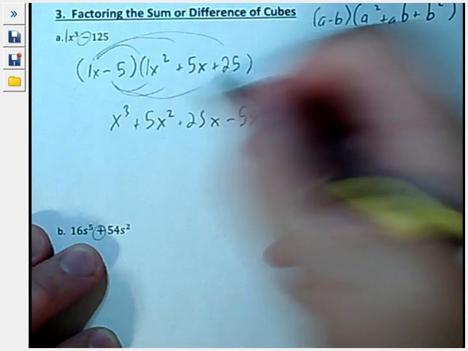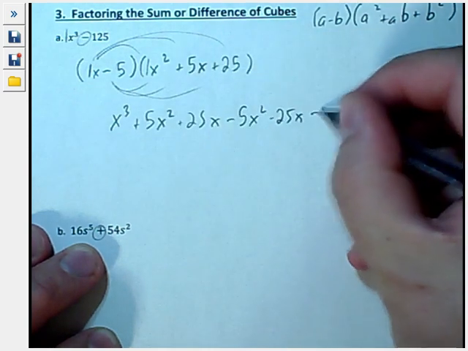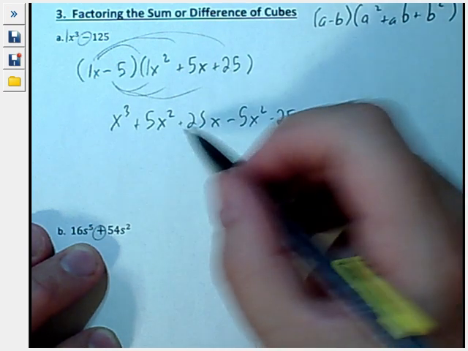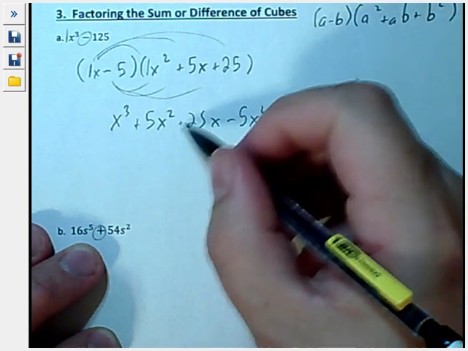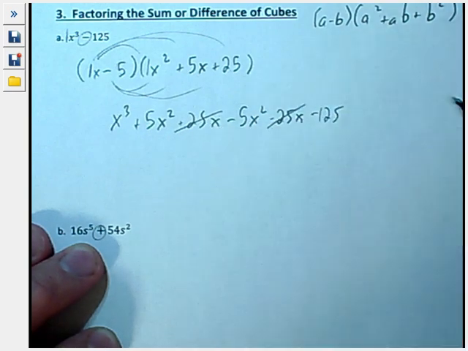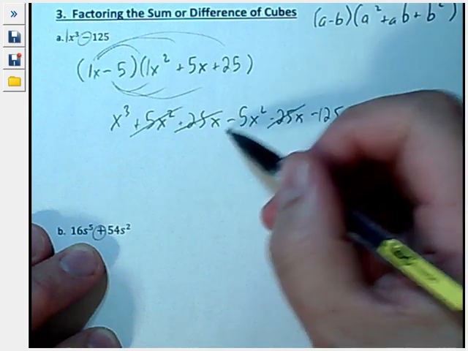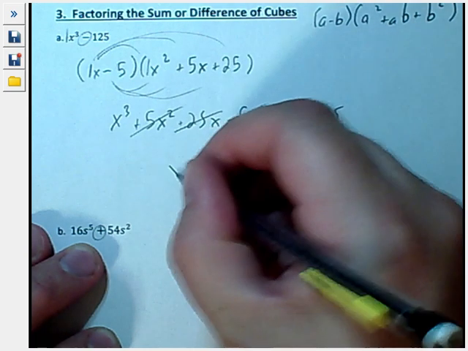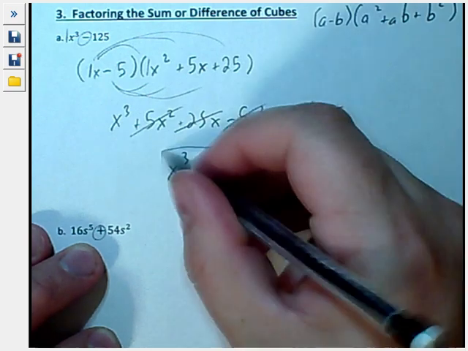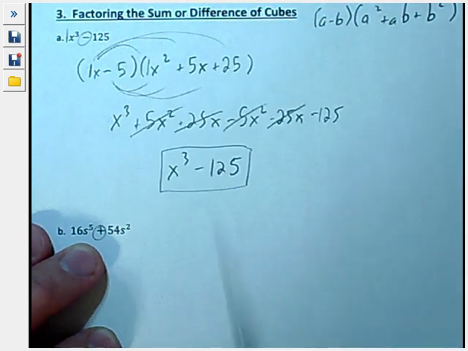And negative 5 times positive 25 is negative 125. When we combine like terms, which we did in section 4.2, the positive 25x and negative 25x cancel each other out, and positive 5x squared and negative 5x squared go away. What you're left with is x to the third minus 125, and that's what we started with right there.